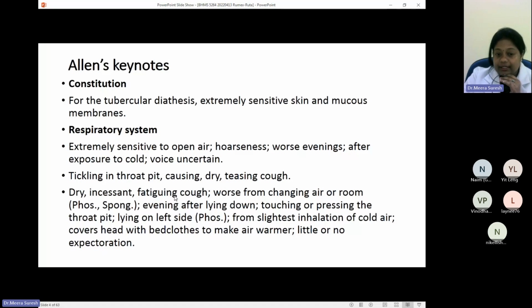Here also, there is a fatiguing cough from changing air or room, that is mainly getting exposed to cold air. After lying down and lying on left side, like Phosphorus itself, from slightest inhalation of cold air. Covers the head with bedclothes to make the air warmer, little or no expectoration.